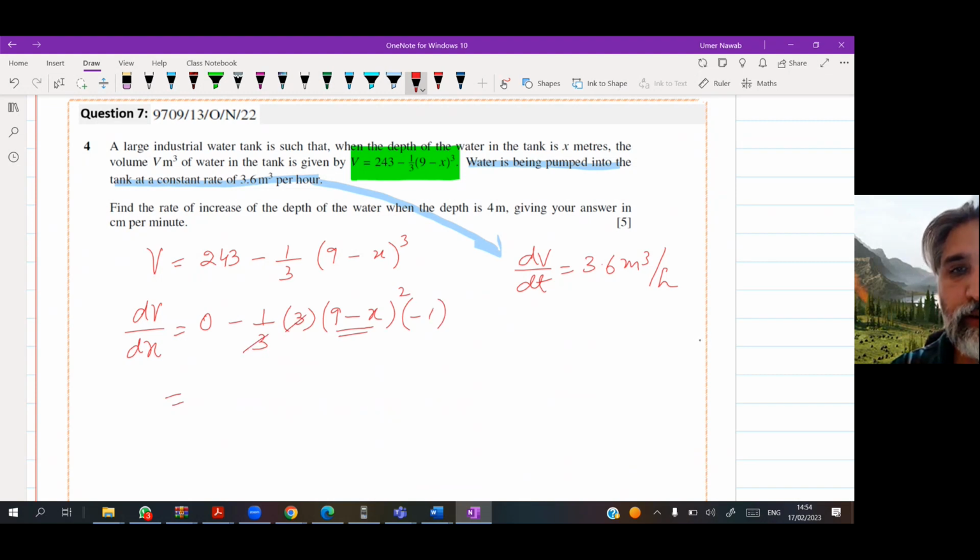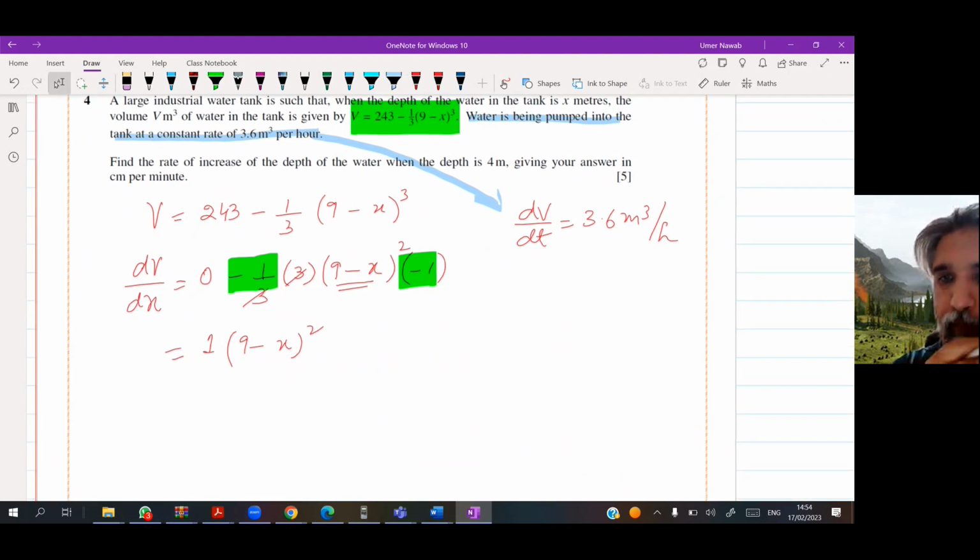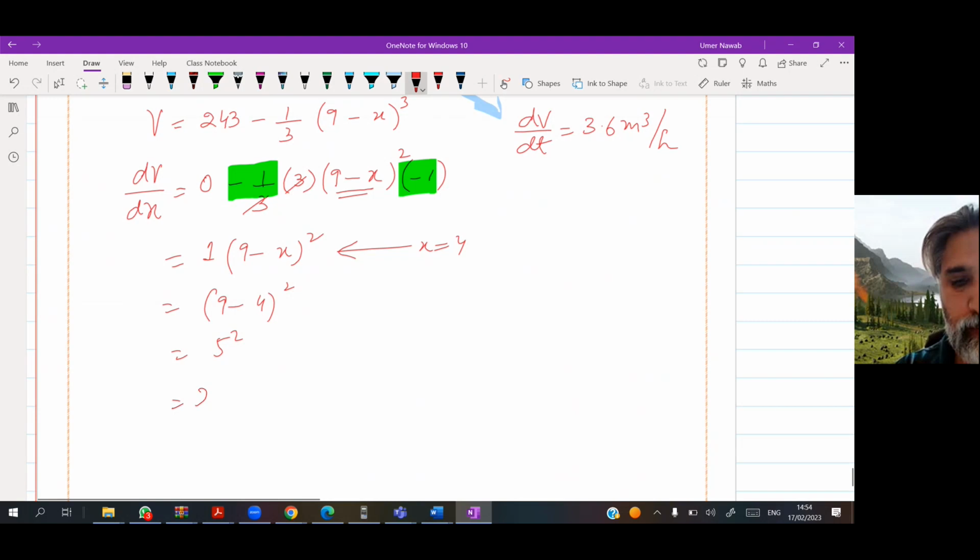The 3 cancels, and this minus 1 will make it 1, so (9 minus x) whole squared. Substitute the value of x. This is depth, x equals 4. I got dV by dx as 25.